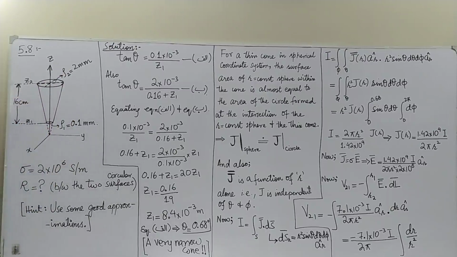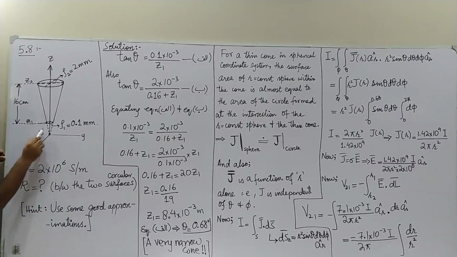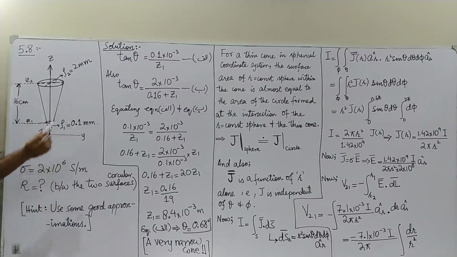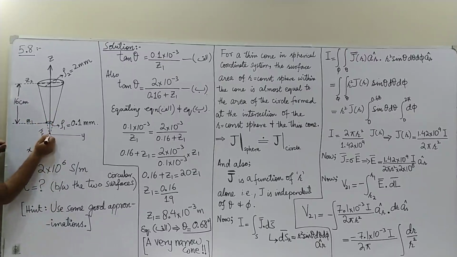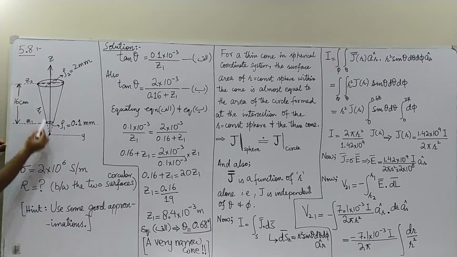Obviously, the distance between this point and this point can be given as the radius of a sphere. If I take this length and call it r1, it means that r1 is the radius of some sphere. There would be some sphere which I am not going to draw, and the distance between this point and this point can be given as the radius of a sphere which is bigger than this one and has the radius r2.